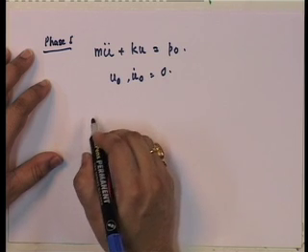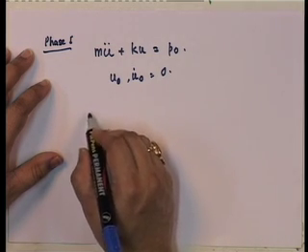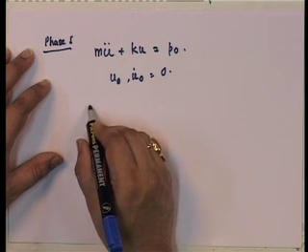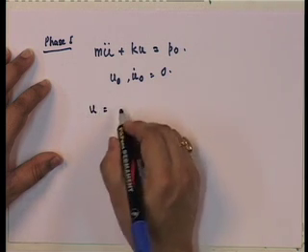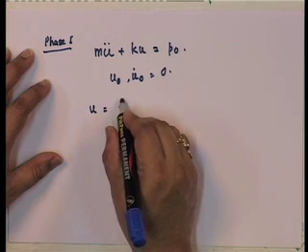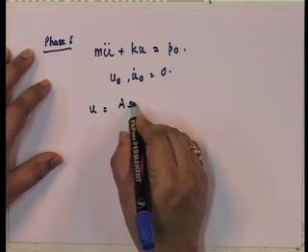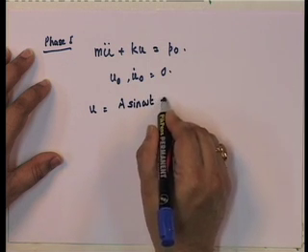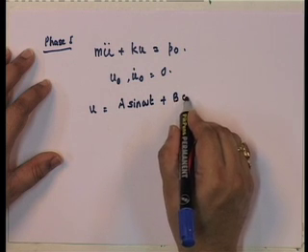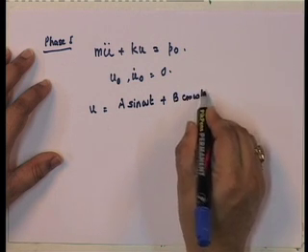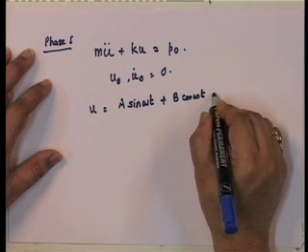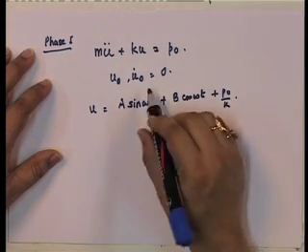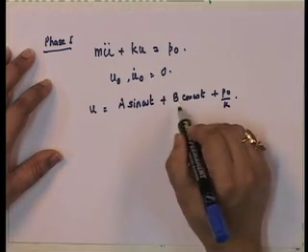So, how do I solve it? The particular solution is P naught upon k, and the homogeneous solution is u equal to A sin omega t plus B cosine omega t plus P naught upon k, and A and B I get from the initial conditions.